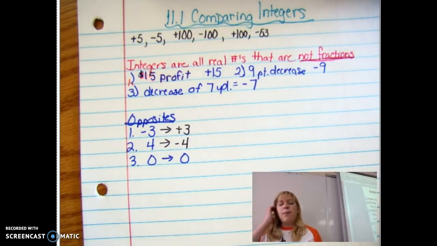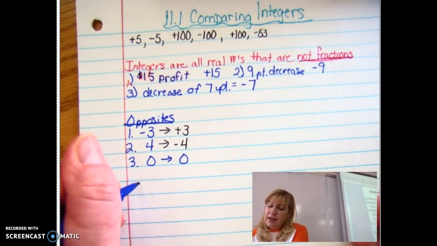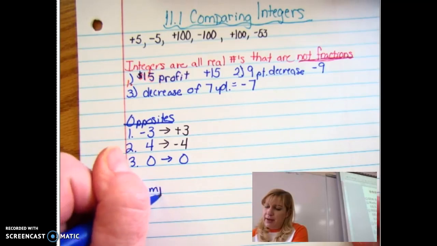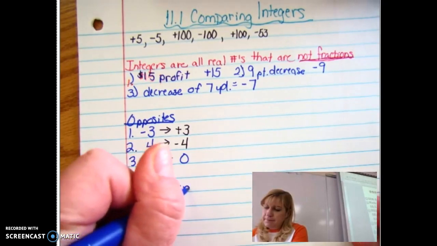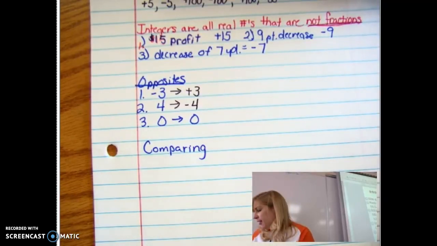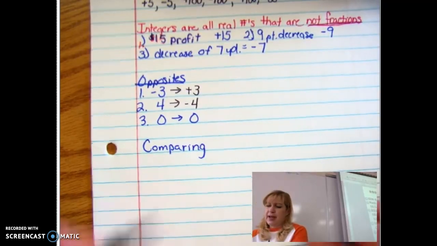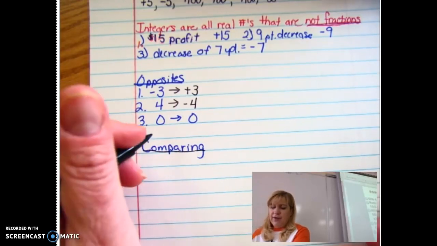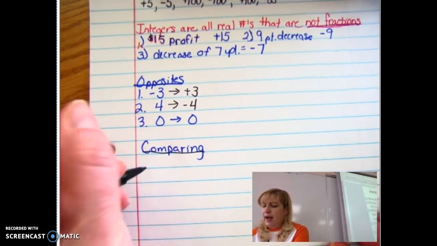But what does become a little bit more difficult if you're not thinking clearly is comparing. You've got to watch that sign. So let's say that I'm going to use this pen. Comparing.